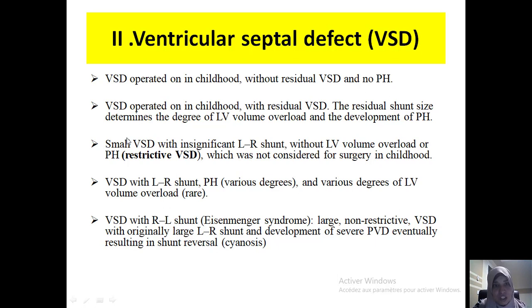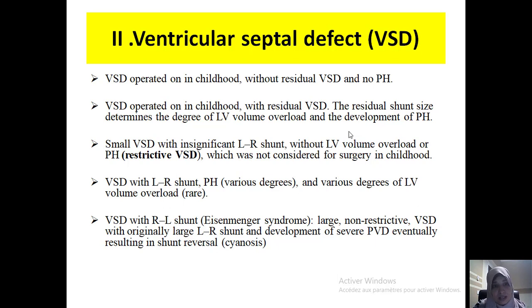The second situation is that the VSD was operated on in childhood with residual VSD, and the residual shunt size determines the degree of left ventricle volume overload and the development of pulmonary hypertension. It may be a small VSD with insignificant left to right shunt without left ventricle volume overload or pulmonary hypertension.